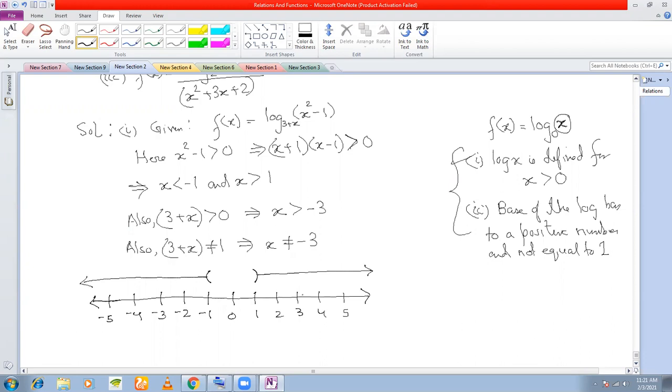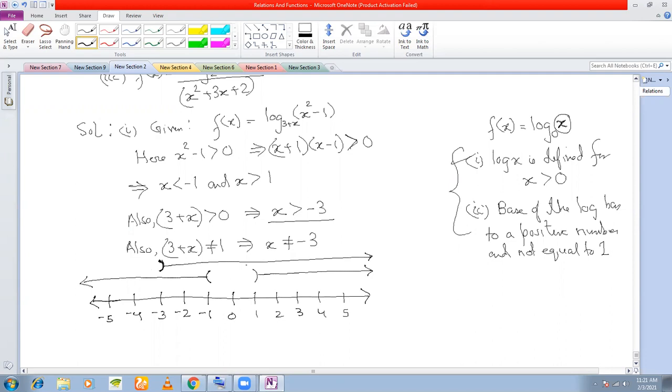What else? x greater than minus 3, which is the region that I'm talking about? This is the region that I'm talking about, right? And x not equal to minus 3. We have already marked the curve here, which means x not equal to minus 3.